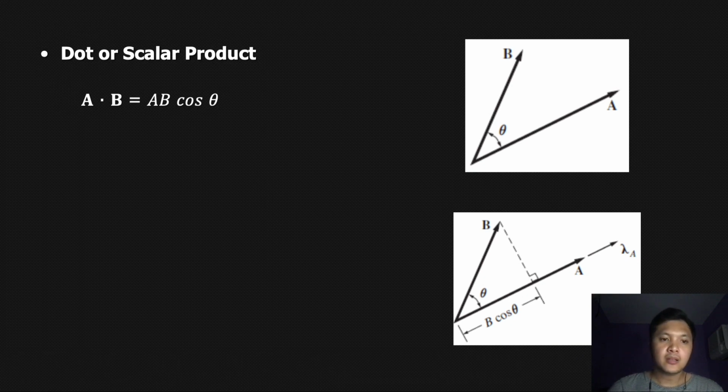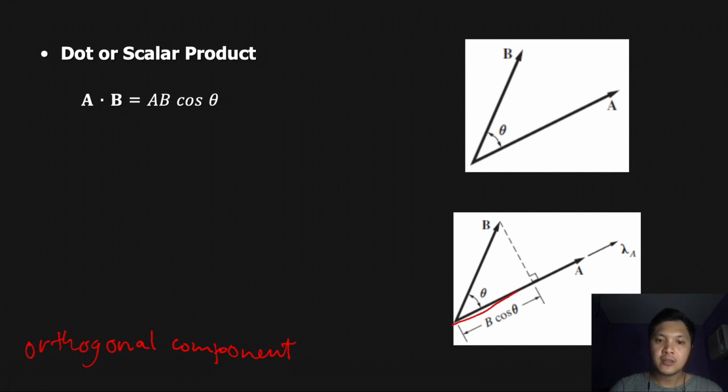So b cosine theta is the orthogonal component that has the same direction as a. Vector b has two orthogonal components.